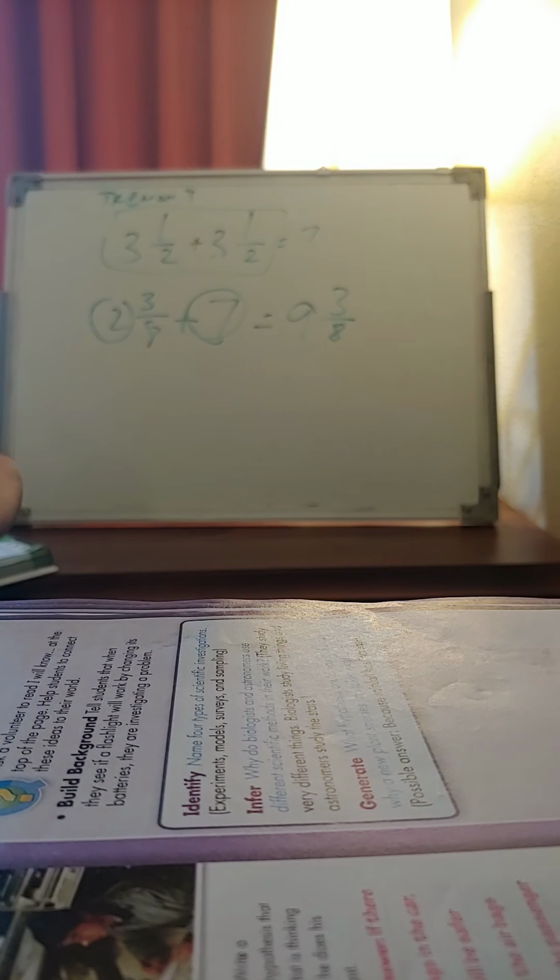Now 22. Higher order thinking question. Remember, these are the questions that they've determined to be higher order thinking. Okay, so we take the students who know how to do it. Let's give them a question to see their knowledge of it, to see if they really know what they're doing.